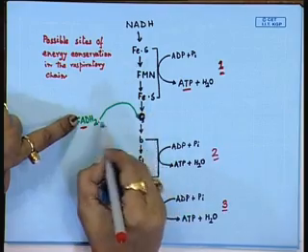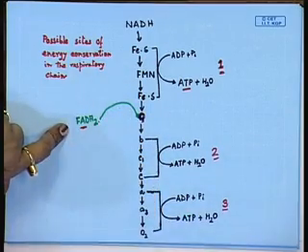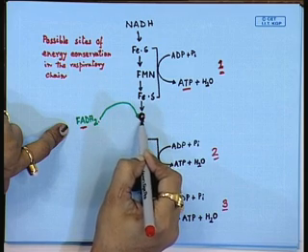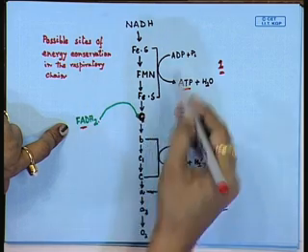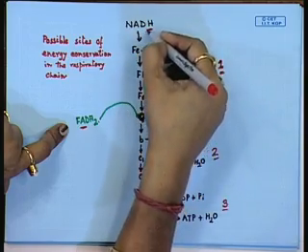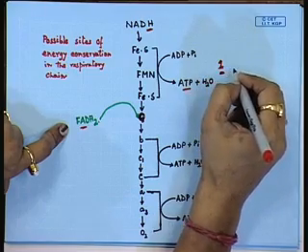Now, you see here it is coming from the inner mitochondrial membrane. When it enters this electron transport chain, by this time the NADH, which donated its electron, has already produced one molecule of ATP.